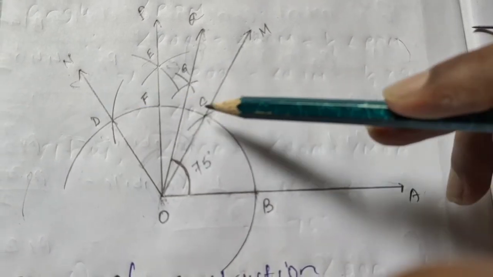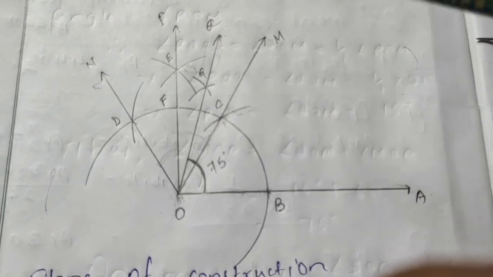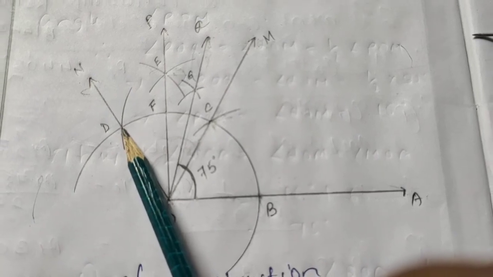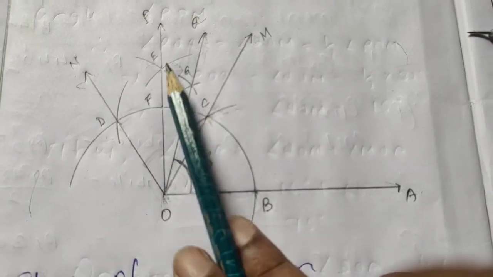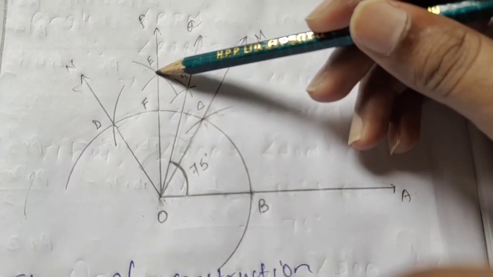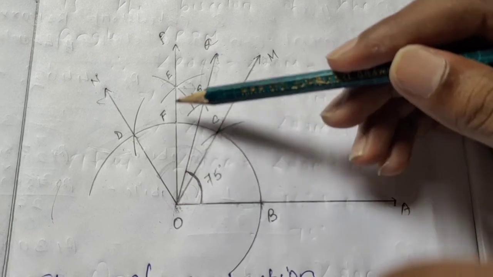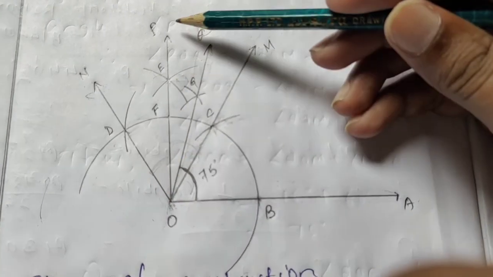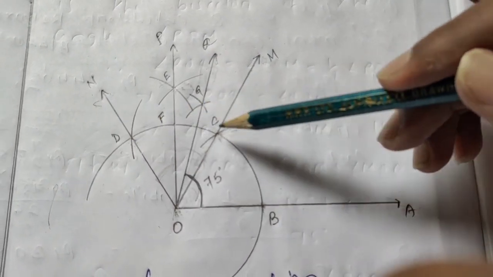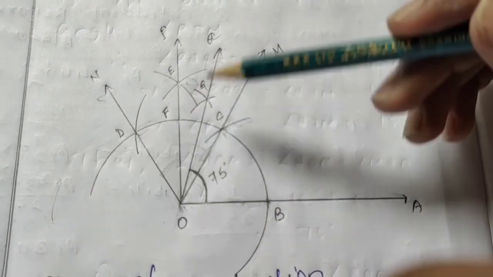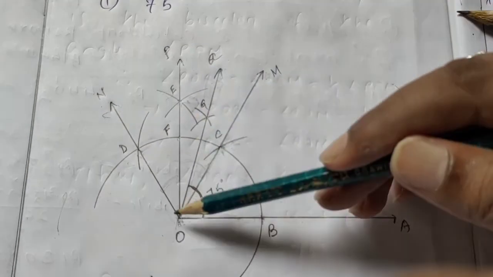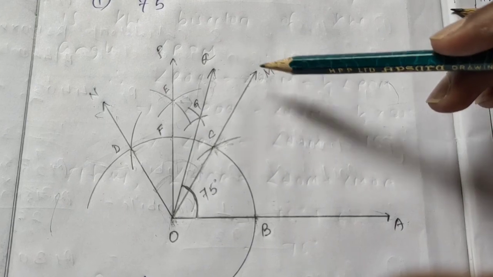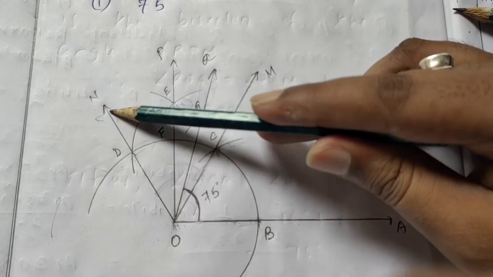Taking the point C as center, draw an arc, and with the same radius take the point D as center and draw another arc. Those two arcs will intersect at the point, suppose E. Now draw a ray OP passing through the point E, and that ray OP also cuts the arc of step 1 at the point F. This OP is actually the angle bisector of angle NOM.